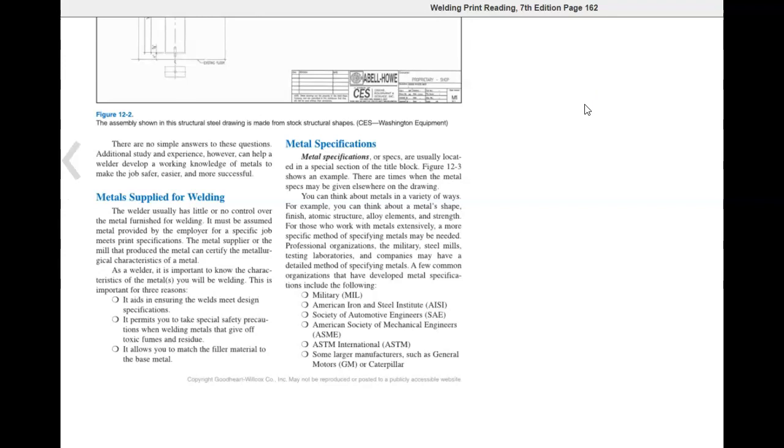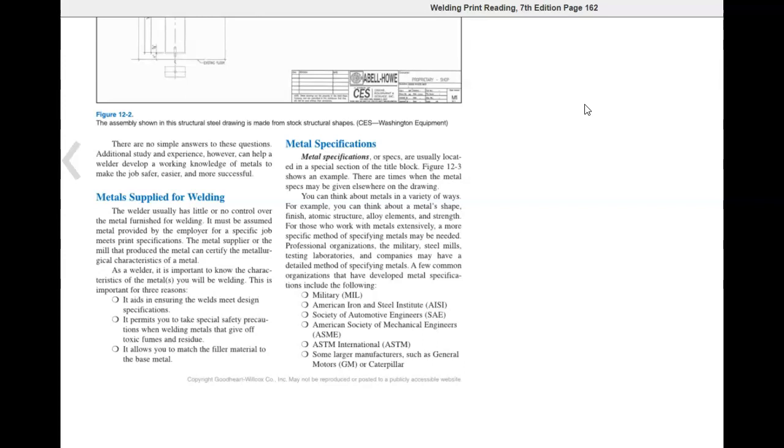You can think about metals in a variety of ways. For example, you can think about a metal's shape, finish, atomic structure, alloy elements, and strength. For those who work with metals extensively, a more specific method of specifying metals may be needed. Professional organizations, the military, steel mills, testing laboratories, and companies may have a detailed method of specifying metals.